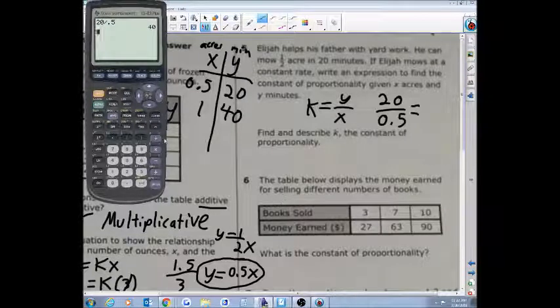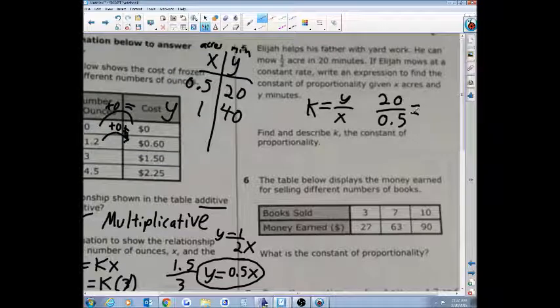So k in this case is 40. K is 40. So 40 times the number of acres is going to give us the time it'll take to do it.